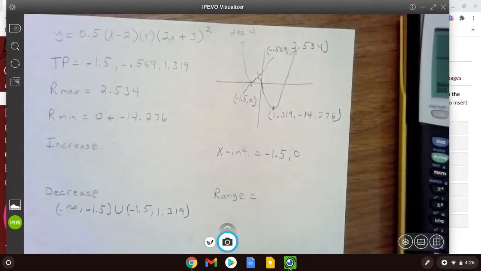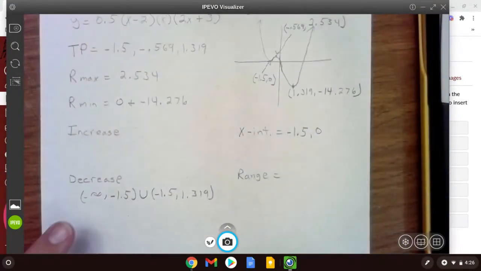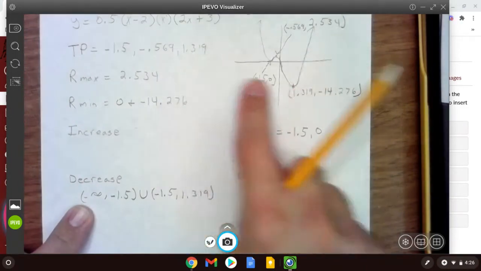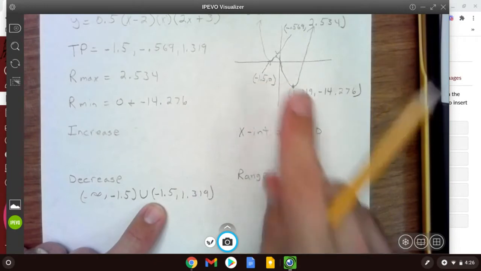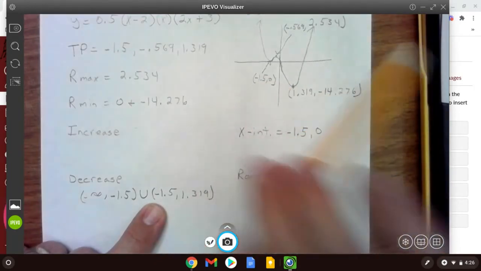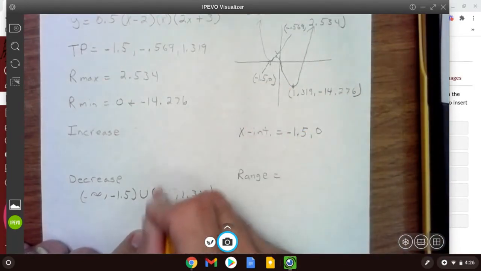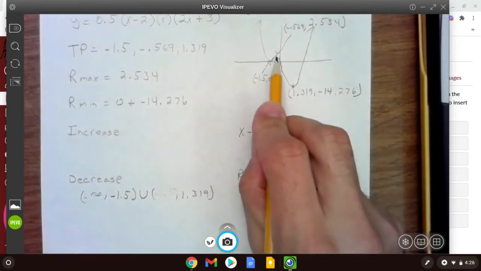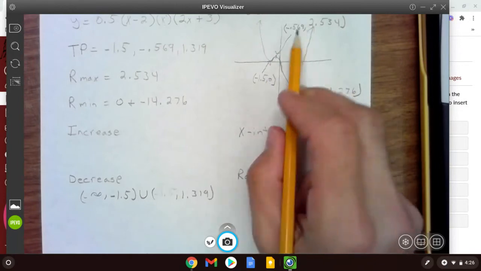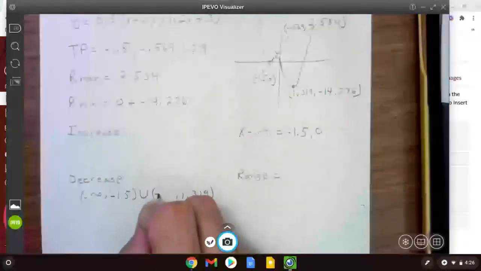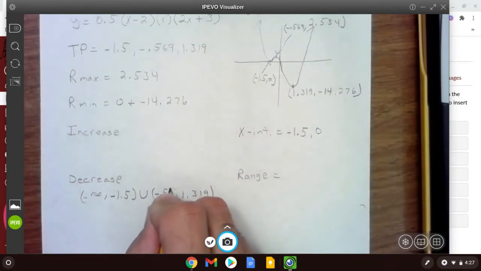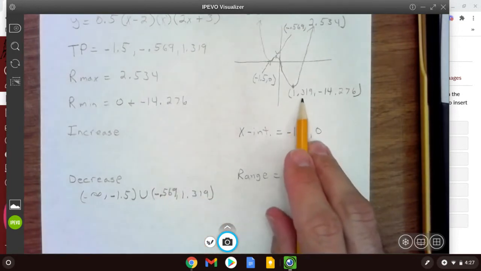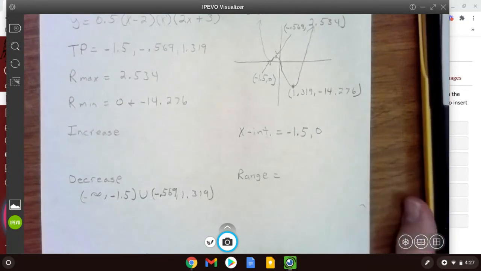All right, thank you for that. So we were talking about decreasing: negative infinity to negative 1.5. And then I wrote this down wrong. It's decreasing from that x value, which is negative 0.569, to 1.319. Everywhere else this thing is increasing.